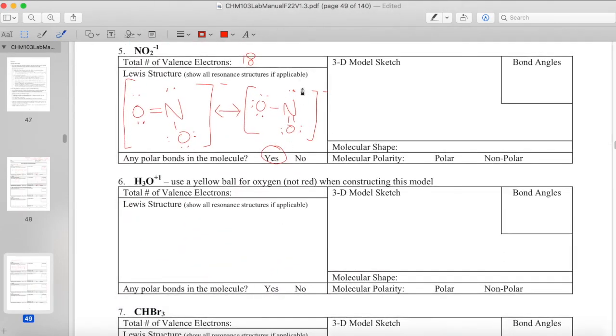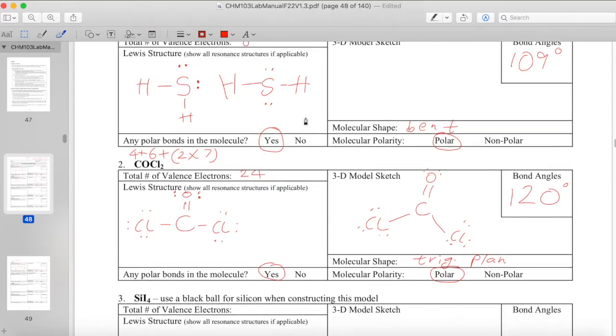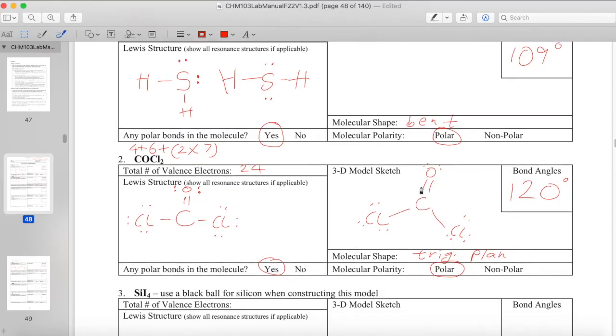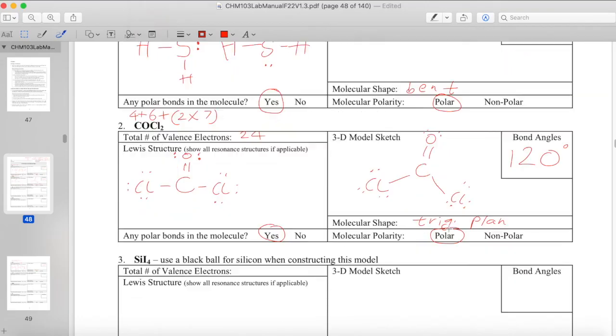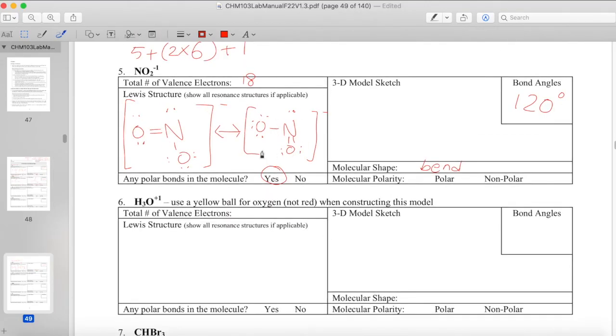All right, that lone pair on our nitrogen is pushing those two oxygens closer to each other, and it's bending the molecule. Now, that bond angle is going to also be roughly 120 degrees, because we have three things coming off that central atom. It's kind of like our trigonal planar shape here, where, again, just swap out one of these atoms for a lone pair, and you've got kind of the essential shape that we're seeing here.